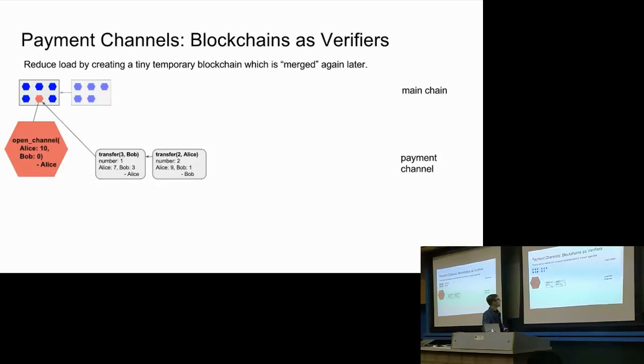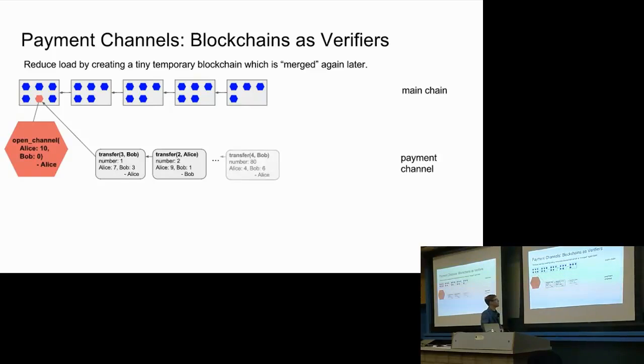Okay, now time goes on, the blockchain continues, and also the state channel continues. And at the transaction number 80, Alice has 4 tokens, Bob has 6 tokens. This is confirmed by Alice. And at some point they decide, okay, let's close that connection and close the channel.